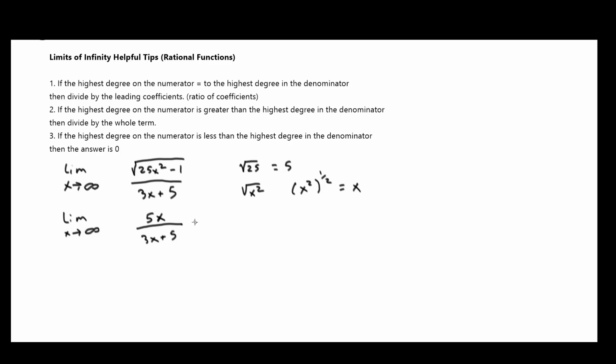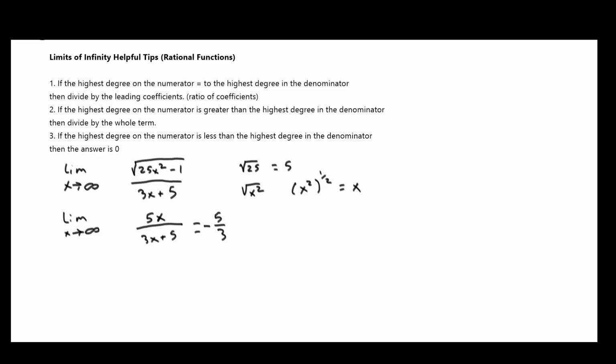We would just divide 5 over 3. One thing to note when having a radical in a problem like this is that you have to take into account your limit sign. Since our limit sign is positive here, our final answer is going to be positive. If it was negative, then this would be negative 5 over 3.